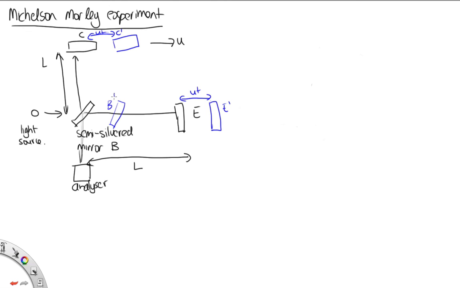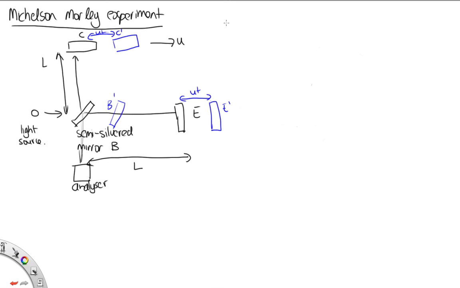Now let's have a look at how long it's going to take the light to go from B to E and back to B, and then we'll have a look at how long it will take the light to go from B to C and back to B in the case where it's moving through the ether like this.